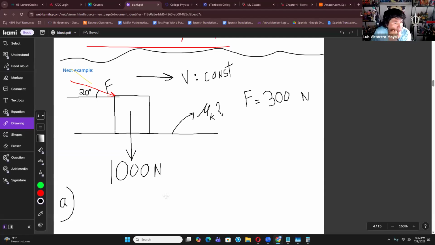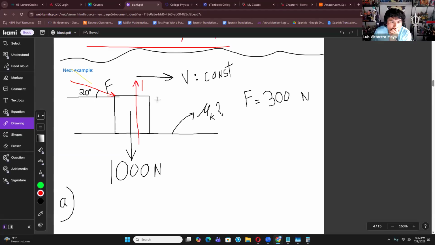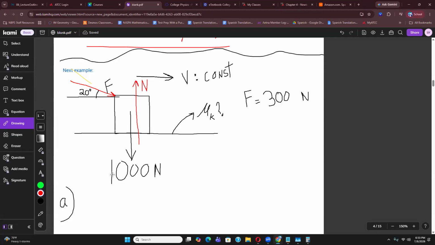What other force is missing here? Normal. Okay. And is the normal the same as 1,000? Yes. No. Because you see the force?